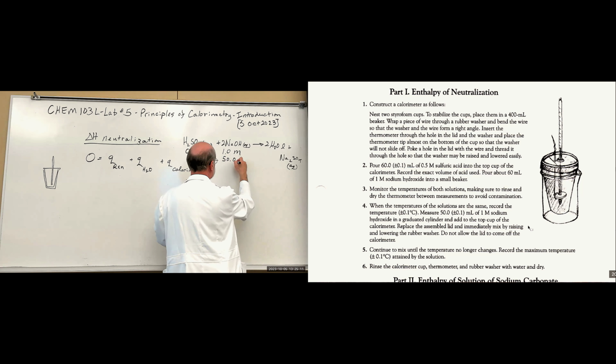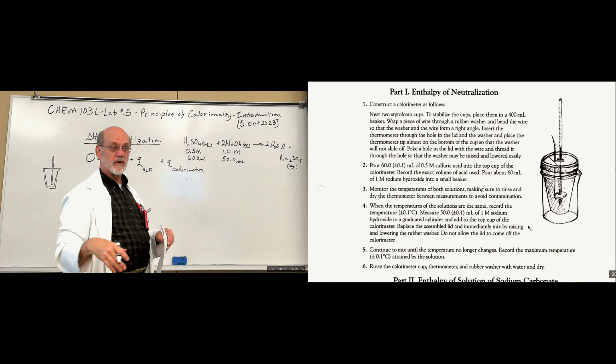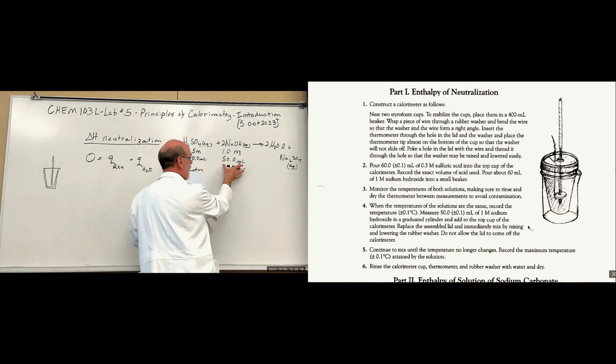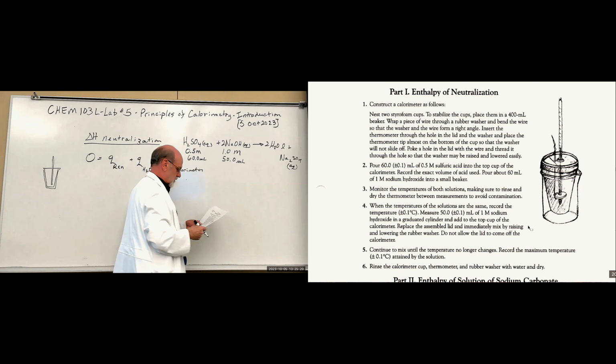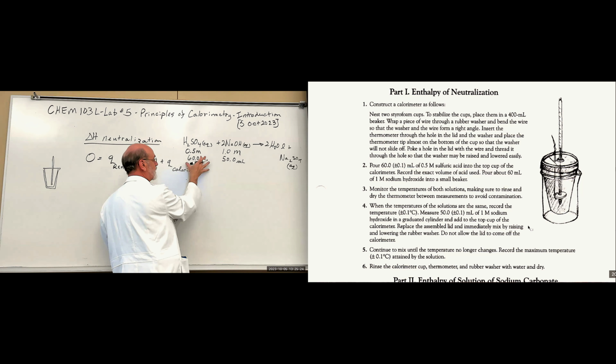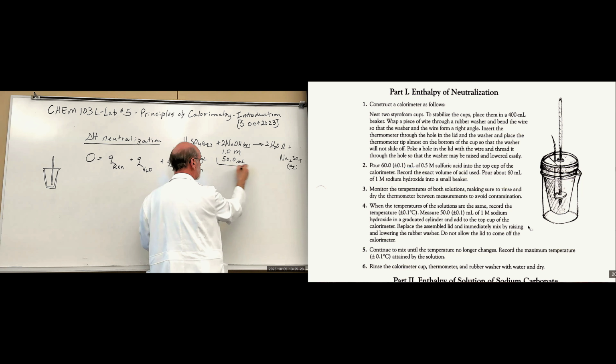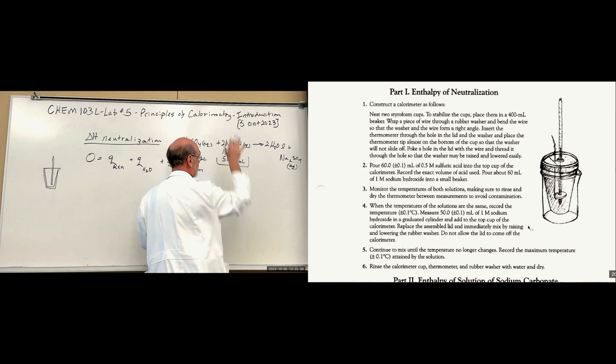I know the procedure says put 60 milliliters of sodium hydroxide solution in a beaker, but eventually you're going to measure out 50 milliliters of sodium hydroxide. So now that's why I mentioned earlier, this is in excess, this is limiting. So our reaction stoichiometry is limited by that right there.